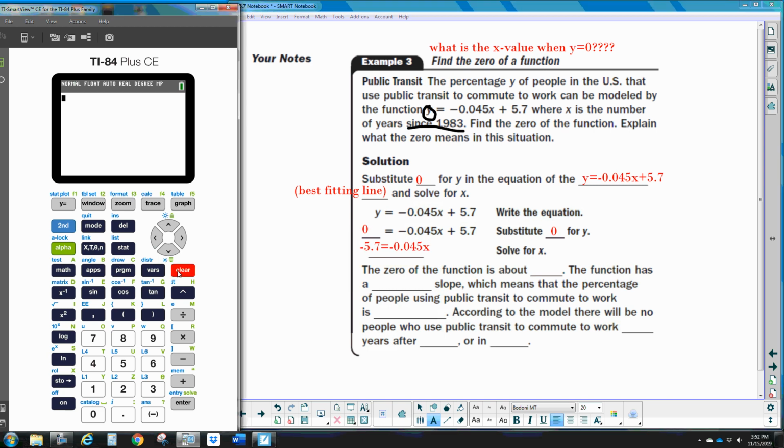And now I'm going to divide both sides by negative 0.045. Oh, that's not right.